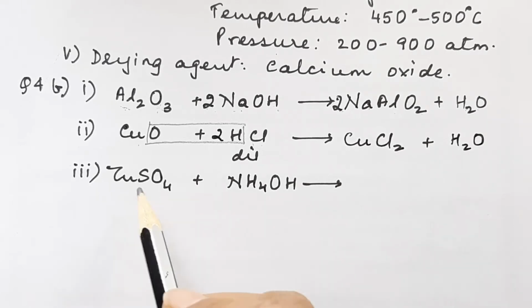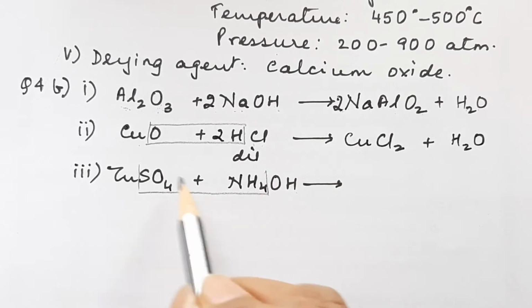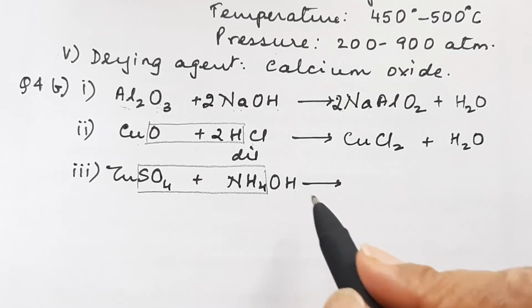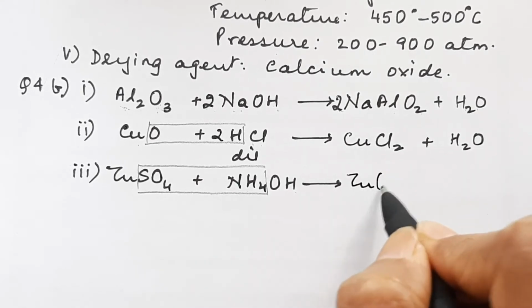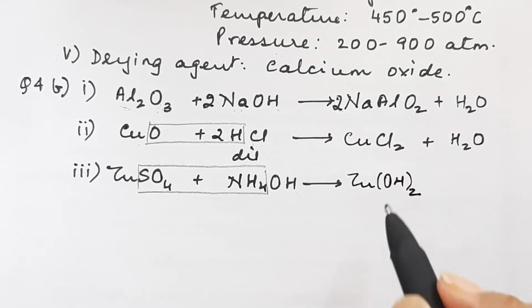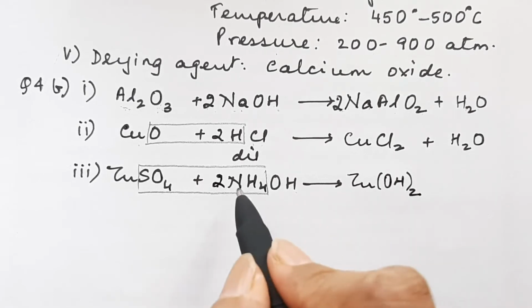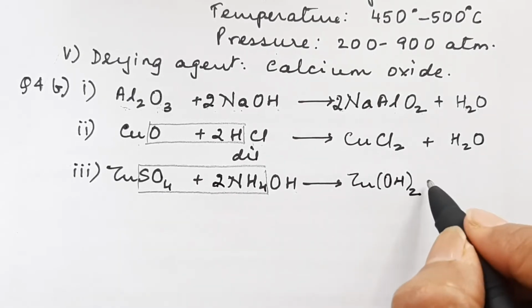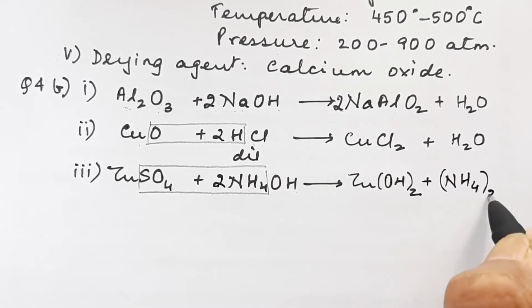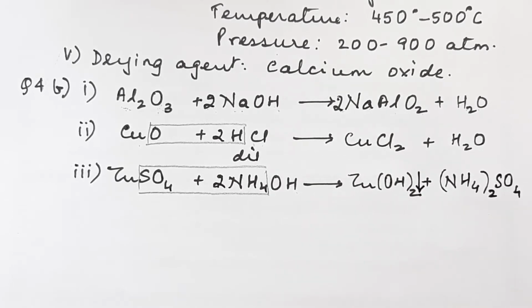In the third reaction, ZnSO4 plus NH4OH, you will have this, and Zn will take OH, it will become Zn(OH)2. And to balance that OH, we will write 2 here, so 2 OHs will be balanced. Now 2 NH4 and SO4, so it becomes (NH4)2SO4, and this Zn(OH)2 is a precipitate.